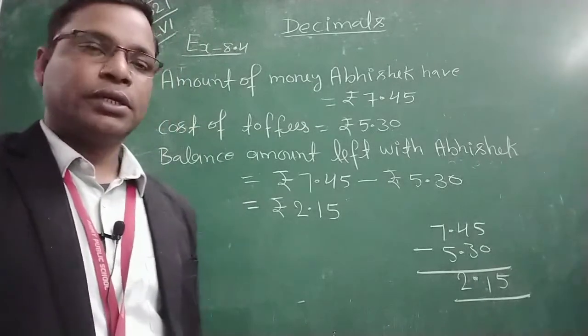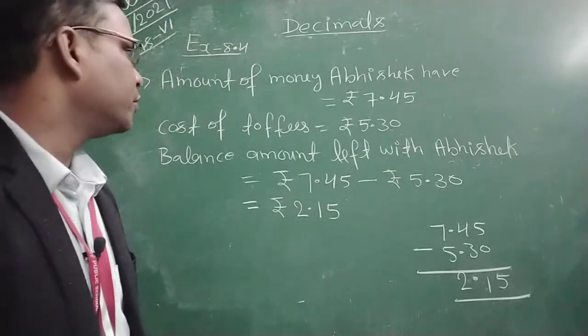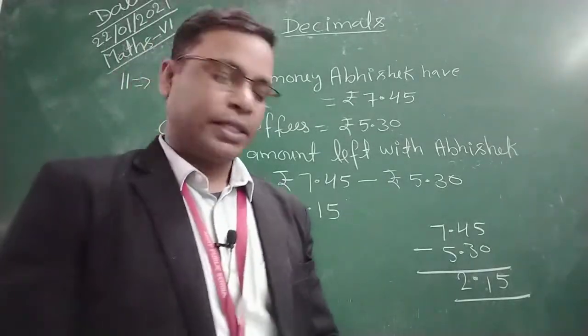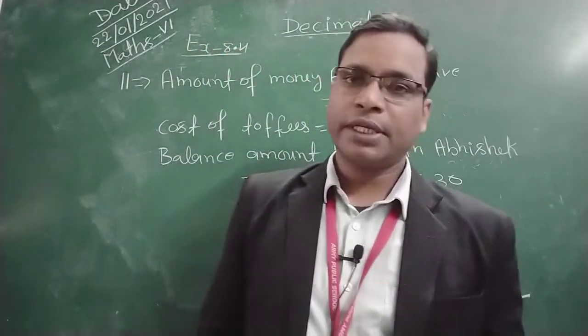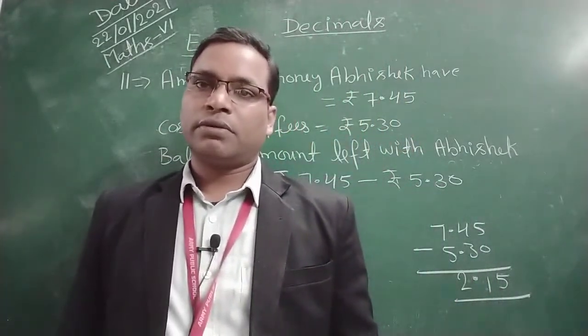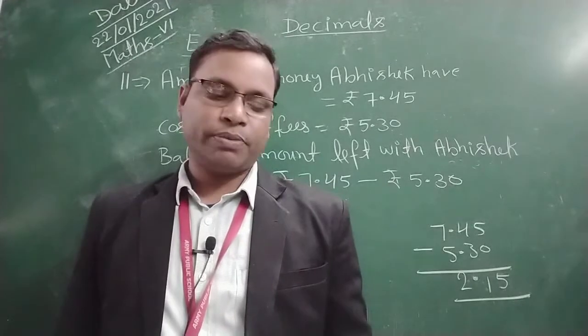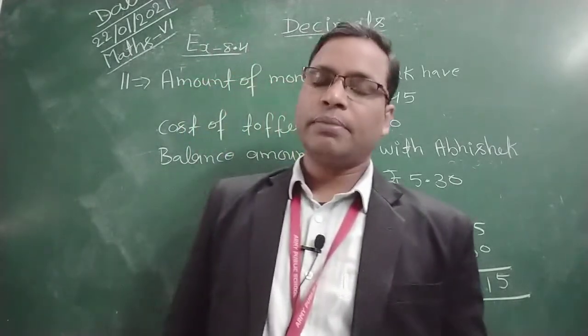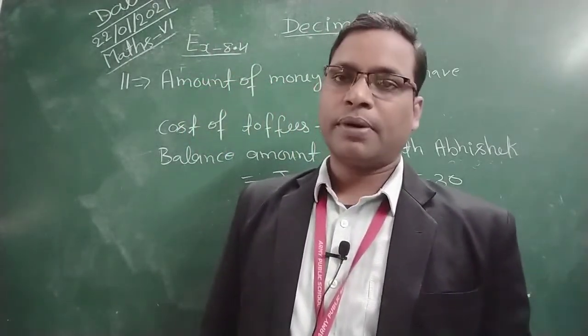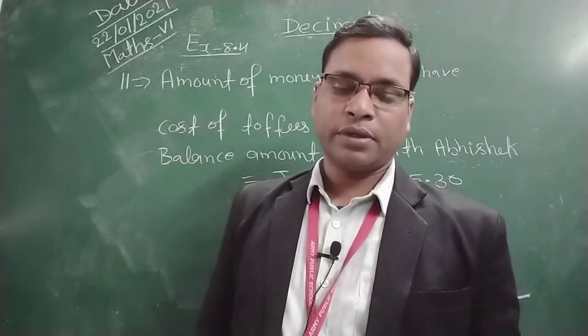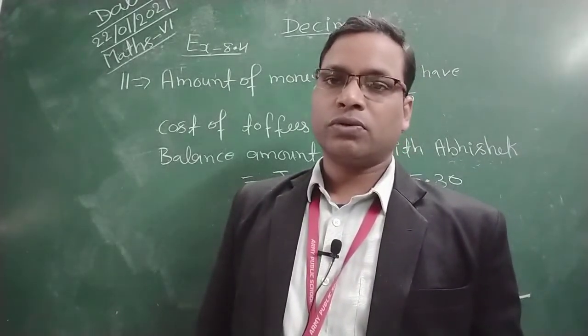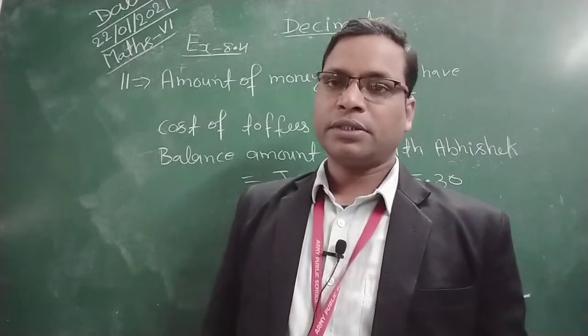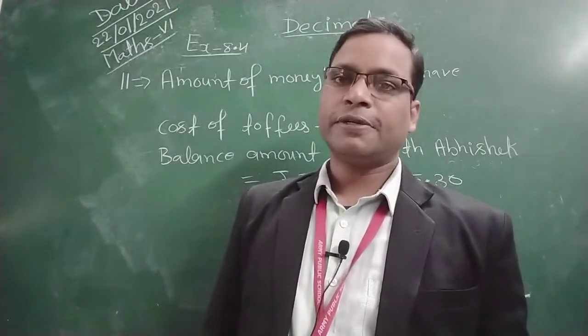This is clear. So students, I hope all of you understood this question. In this question, it is given that Abhishek had 7.45 rupees and he bought a toffee for 5.30 rupees. The question asked us to find the balance amount left with Abhishek.